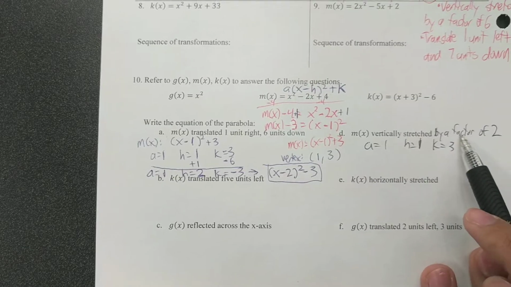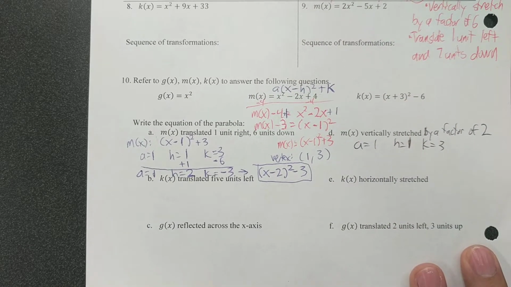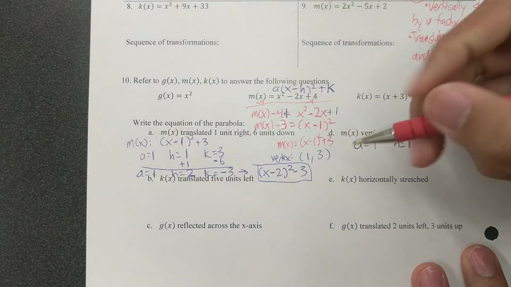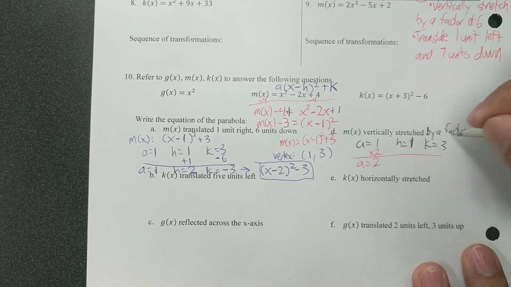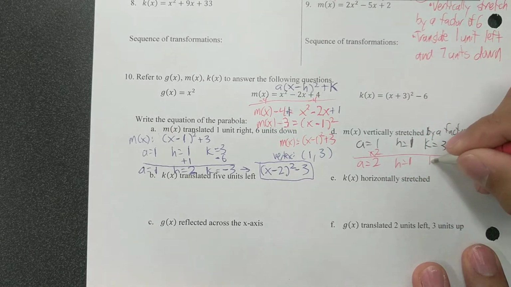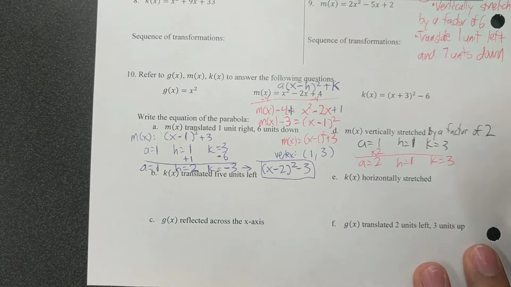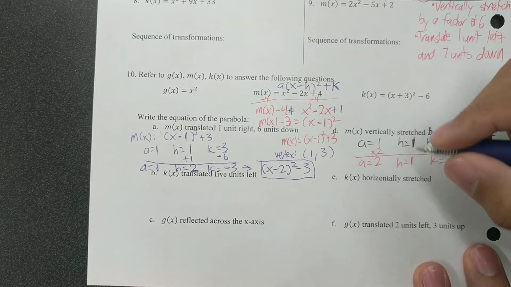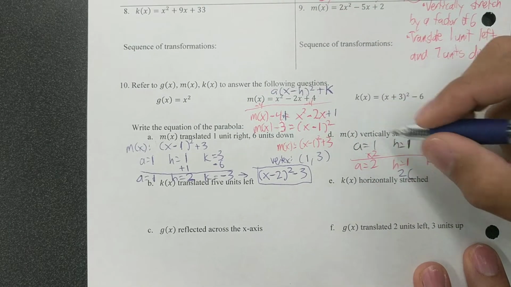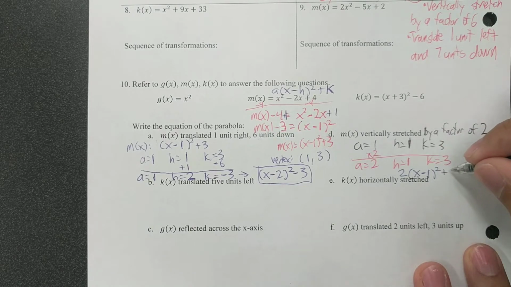So when you vertically stretch, that affects the a value. Vertically stretched by a factor of 2 means you multiply the a value by 2. So there's no translation, so h is unaffected, k is unaffected. All right, so converting it back to vertex form, a becomes 2, x minus h is x minus 1 squared, and then plus k becomes plus 3.